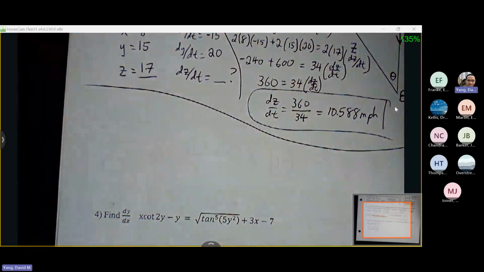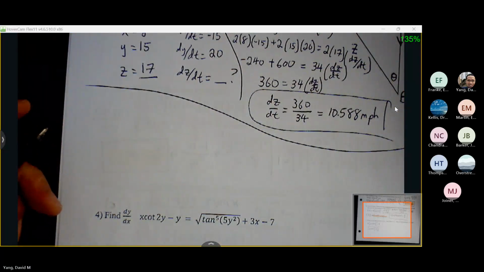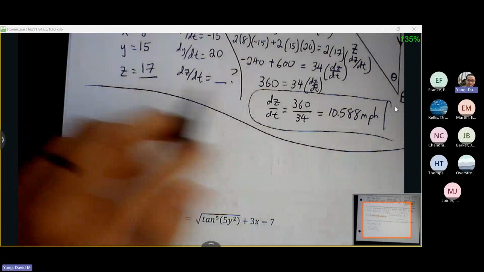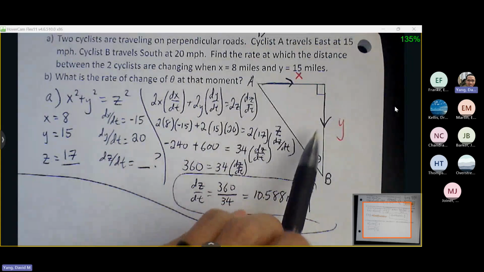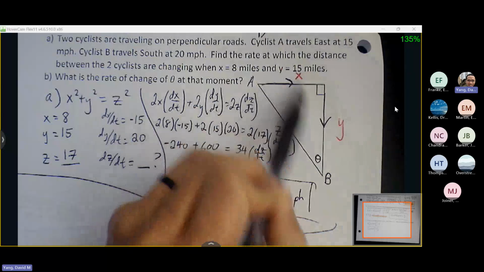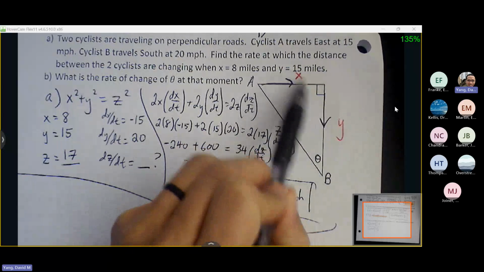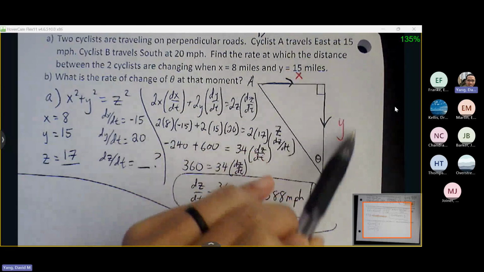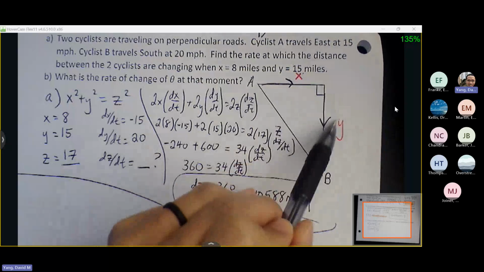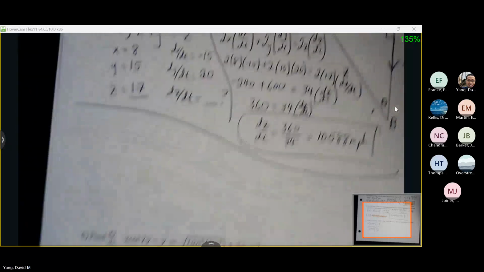Okay, any questions on part A? Part B: at what rate is theta changing at that moment? We're going to rely on x and y to build out our trig function. So that's going to be opposite over adjacent, so we use tangent.